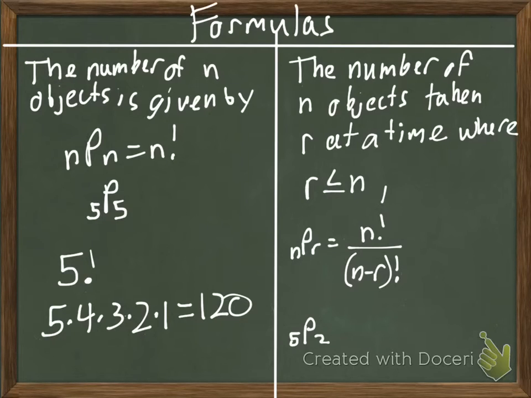So if we have 5P2, 5 is my n, 2 is my r. That means it's going to say 5 factorial divided by 5 minus 2 factorial. We've got to simplify the parentheses, so 5 minus 2 is 3.